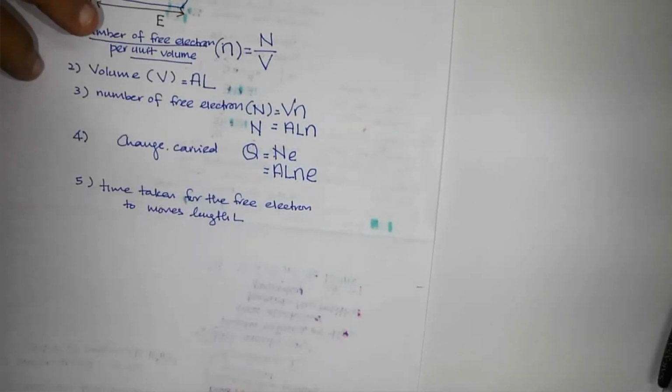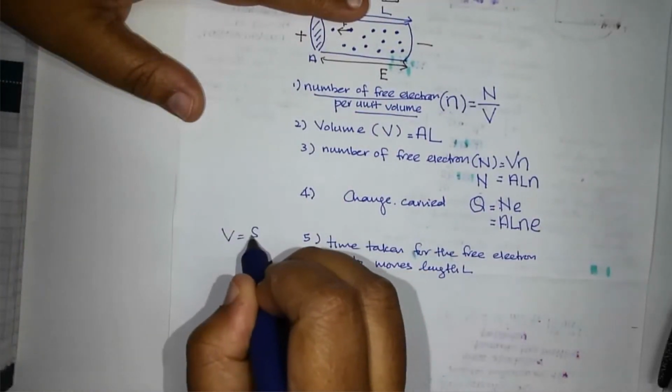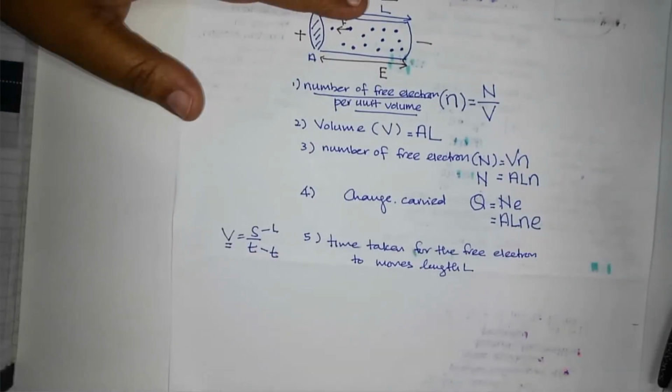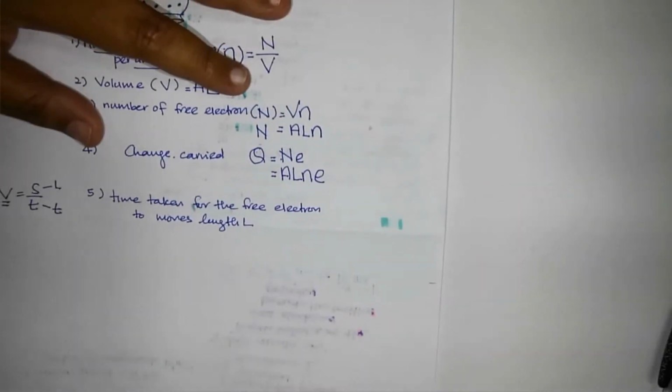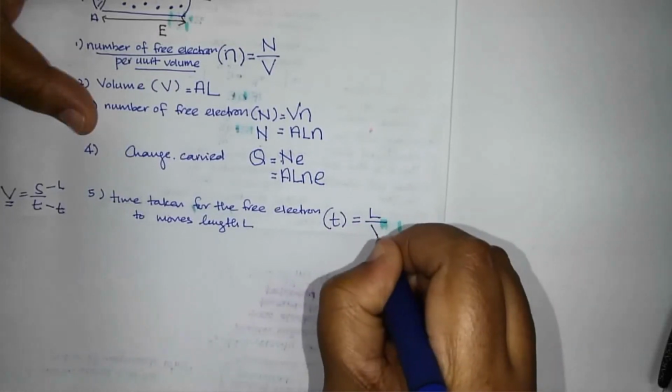Here s is L, t is t, and v is v. So t equals L over v.